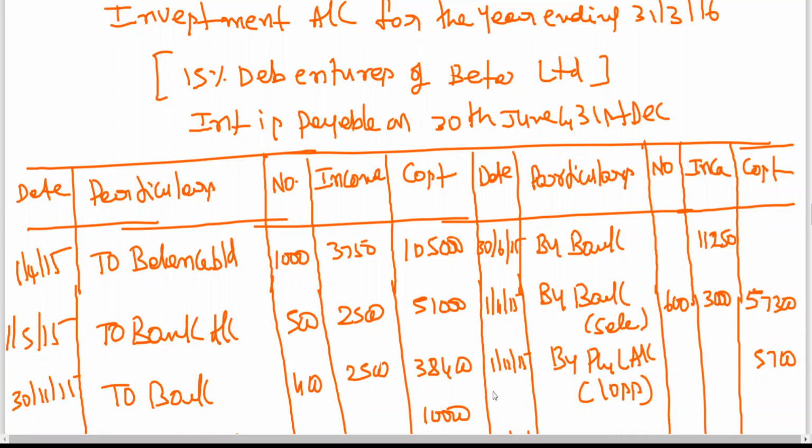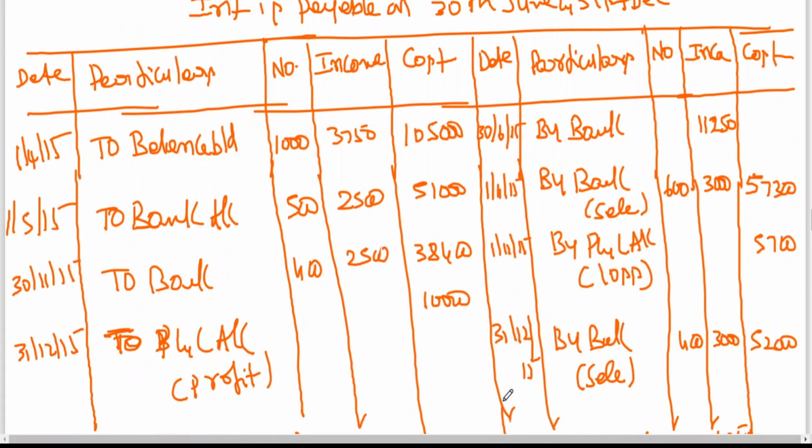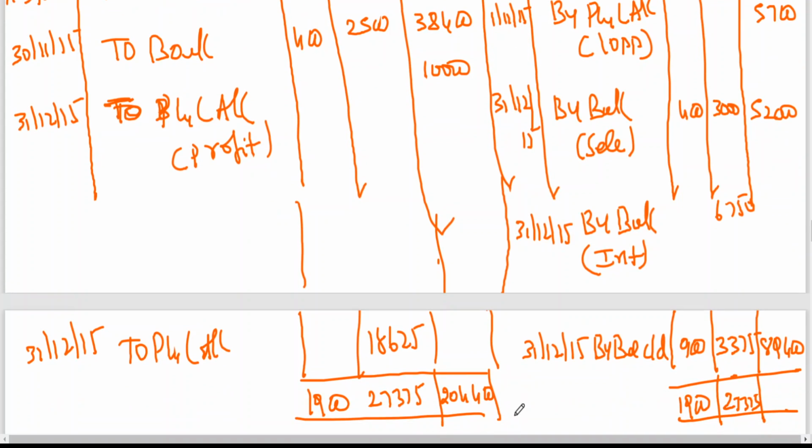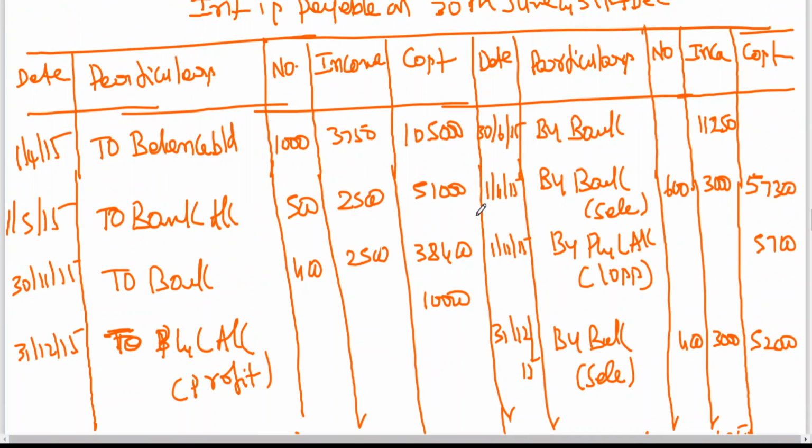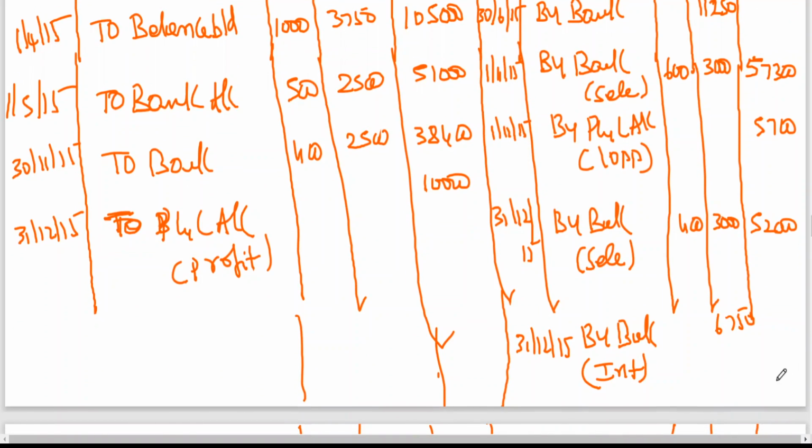Minus 57,300, minus 5,700, minus 52,000. What you're getting? 89,400. No, it means because this particular lot has not been sold, we got it.